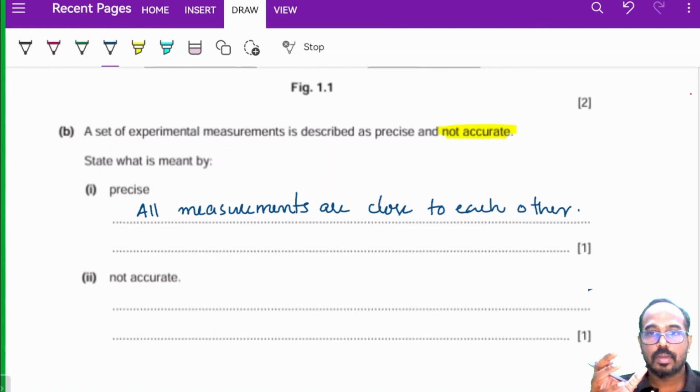In this statement, what is accuracy? If measurements are accurate means what? All measurements are close to the true value, or the average value of measurements is close to the true value. Here it is not accurate means it is not close.